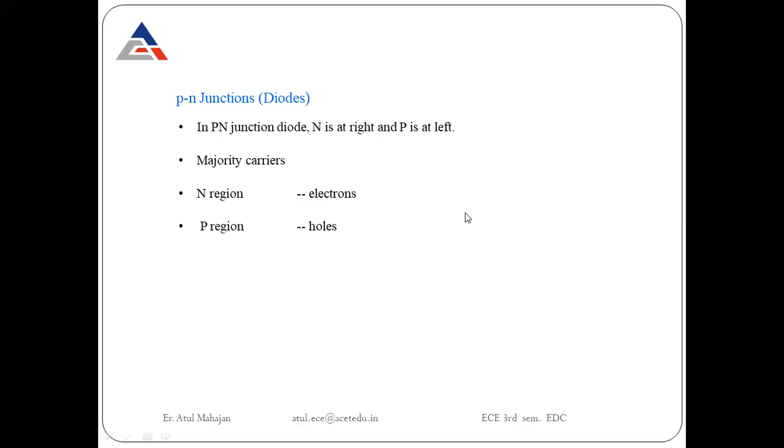Electrons are in majority in the N region, and holes are in majority in the P region. These majority carriers actually exist in the N and P regions of this PN junction diode.